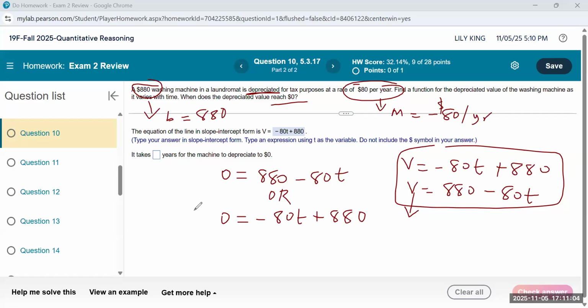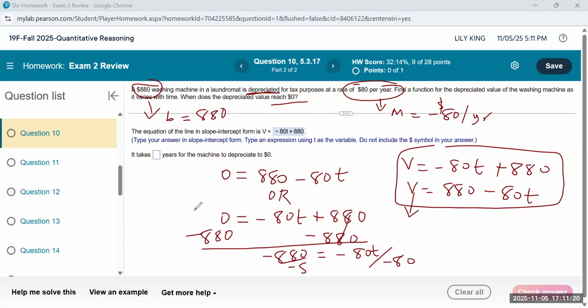So here we have to subtract 880 from both sides of the equation. So you have negative 880 equals negative 80t. Divide both sides of the equation by negative 80. And your time here is 11, so it will take 11 years for the machine to depreciate to $0.